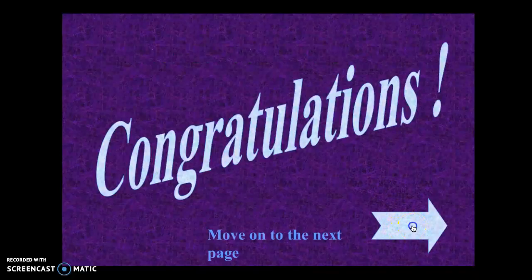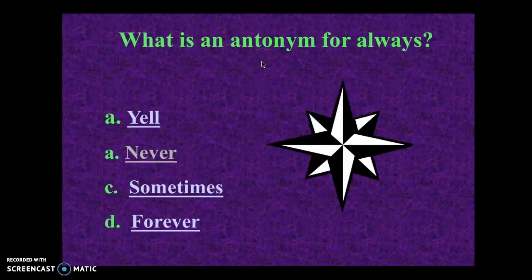Congratulations, move on to the next page. So what is an antonym for always? A, yell, and the person that made this PowerPoint has another A here meant to be B. So B, never, C, sometimes, or D, forever. So yell, although it is different from the word always, is not the opposite.